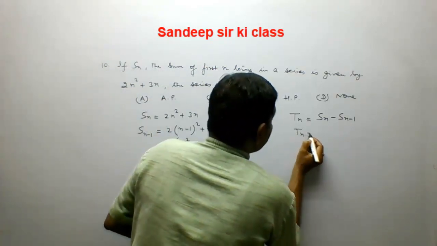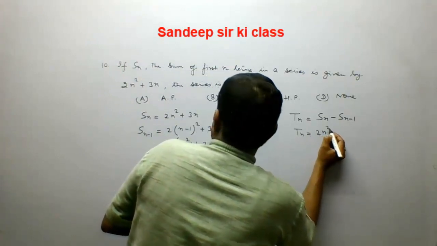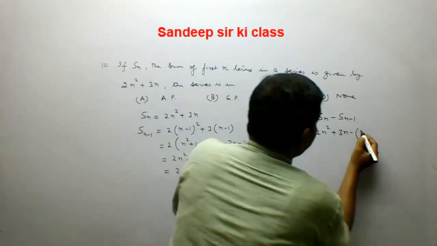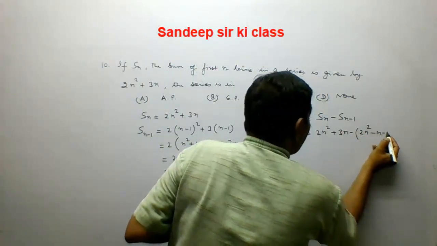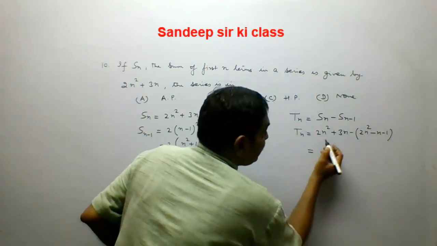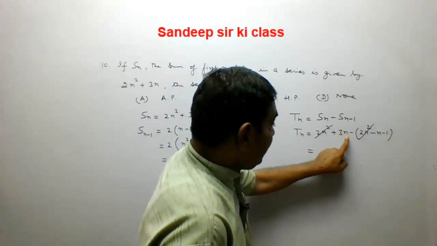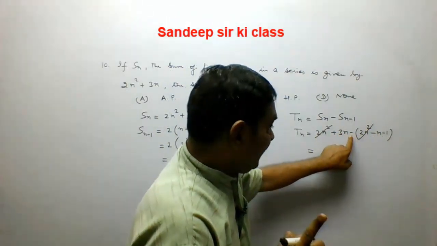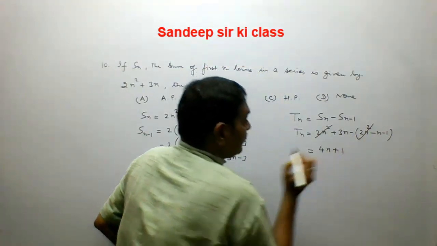So Tn is given by 2n square plus 3n minus 2n square minus n minus 1. Simplify, so 2n square and minus 2n square are cancelled. 3n plus n, because it is minus multiplied will become plus. So it will be 4n plus 1.